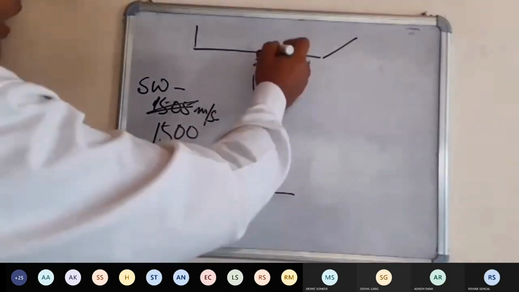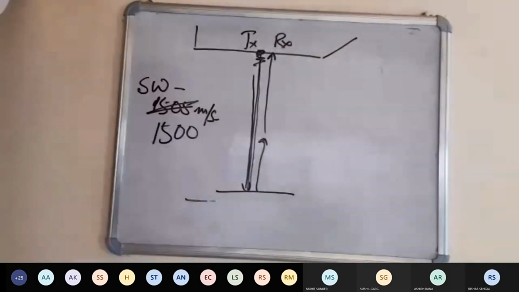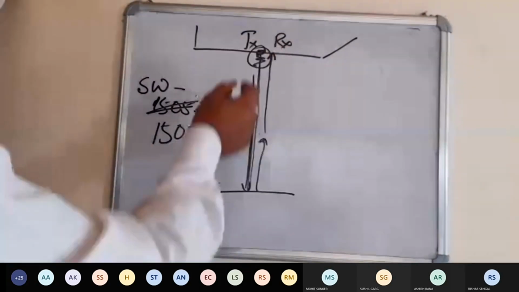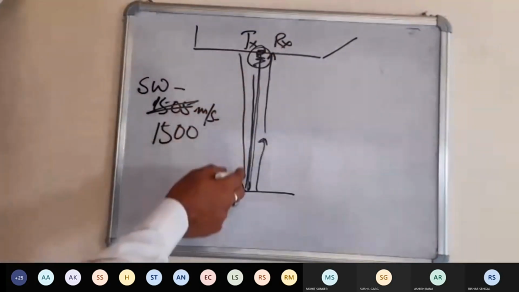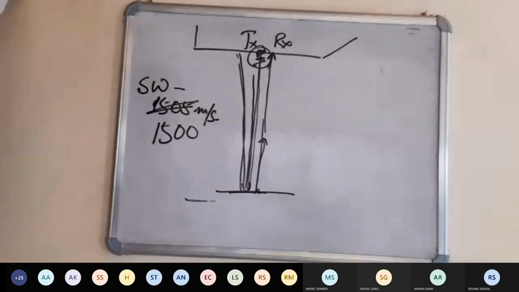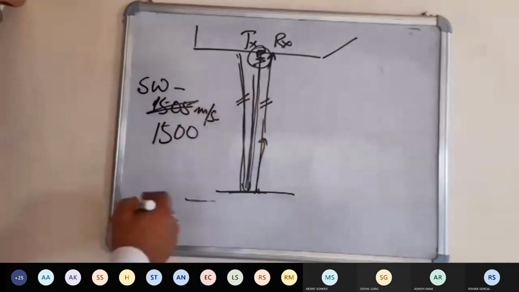This is received by the receiving transducer. This was the transmitting transducer. So the pulse which has gone, how much distance has it traveled? All the way to the deep seabed, and from seabed to this. So total distance is this plus this.